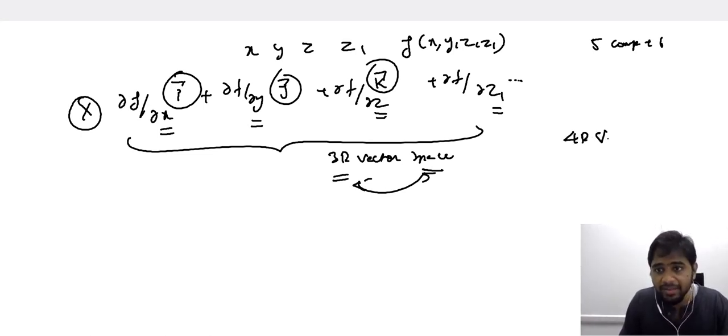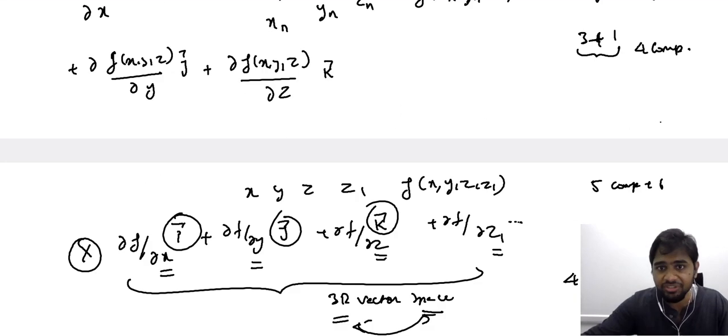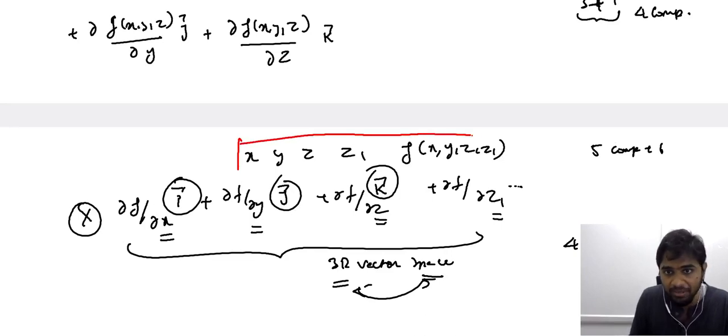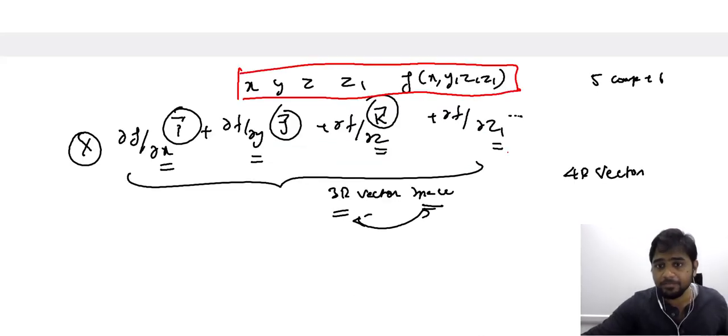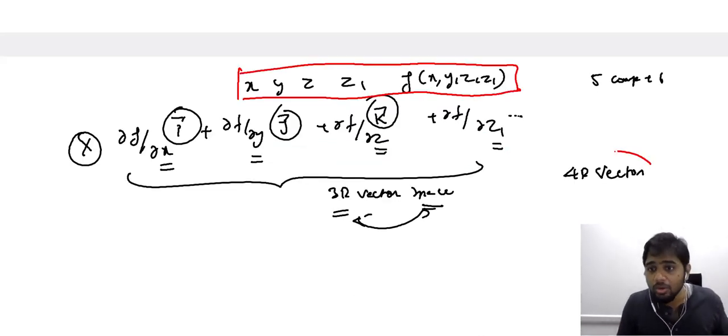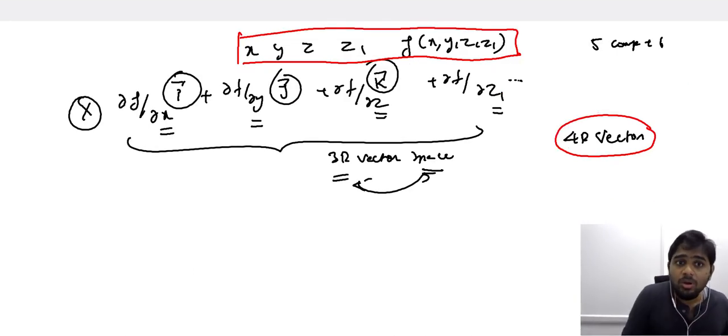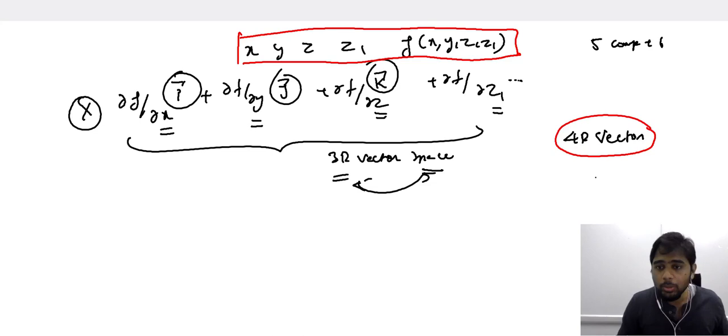In order to find the gradient of this 5-component function, or a 5-component alloy here, what we need is a 4-dimensional vector space. So when you have a 4-dimensional vector space, what it essentially means is, we need to have 4 orthonormal bases. So it should be I1, I2, I3 and I4.